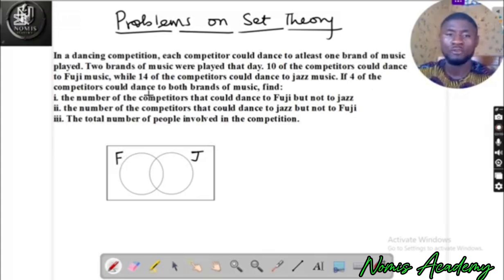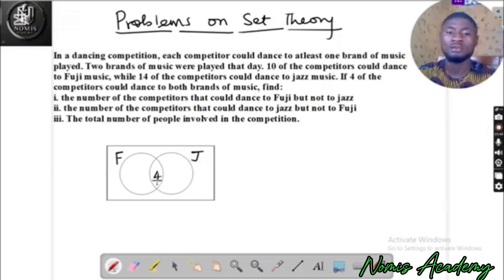Now, 4 of the competitors could dance to both brands of music, meaning that there's an intersection of common elements. So we have a 4 here, but we don't know the number that dance to Fuji only, as it was not mentioned in the question, and the number that dance to jazz only was not mentioned either.